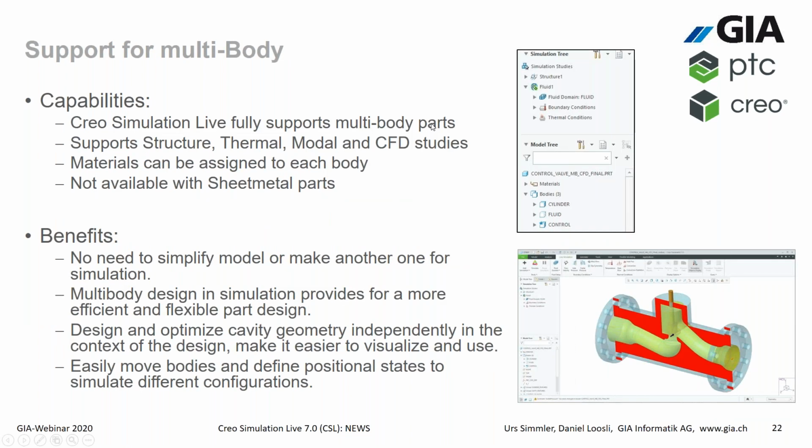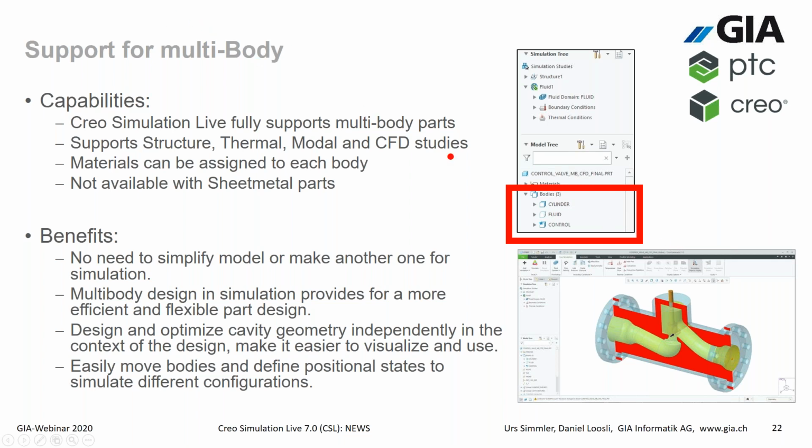And by the way, Creo Parametric 7.0 now works with multi-body capabilities, and multi-body capabilities are perfect for fluid analysis. That means with different bodies, we can assign different material behavior to the bodies, and so it's quite easy to build, especially, fluid models.